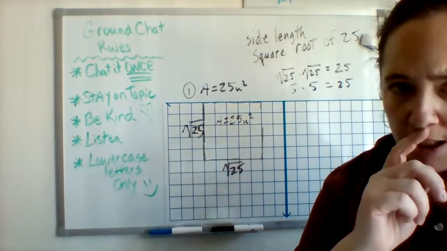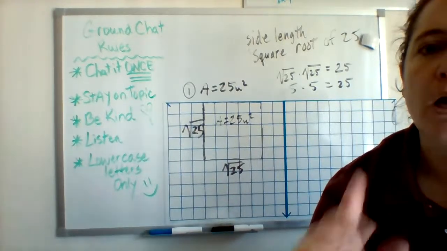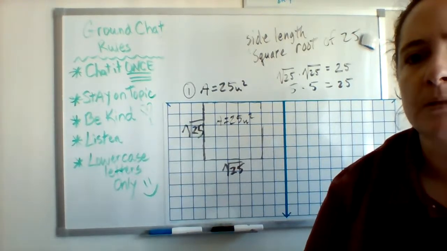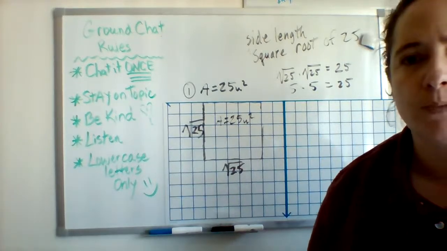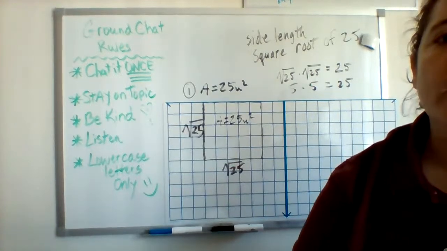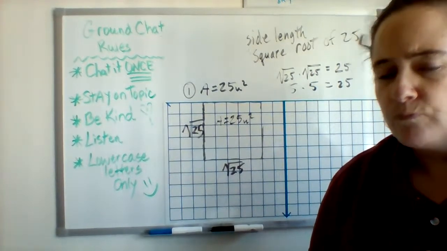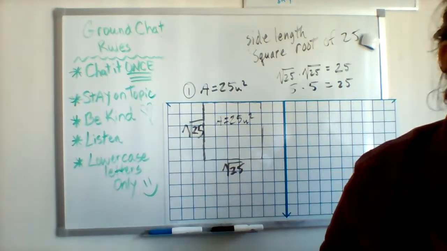Right? Now, Thais, I want to bring this back up because this is really important for the discussion piece when we're ready. You had mentioned that one of the strategies that you used was to trace.